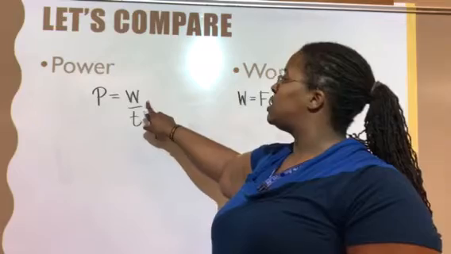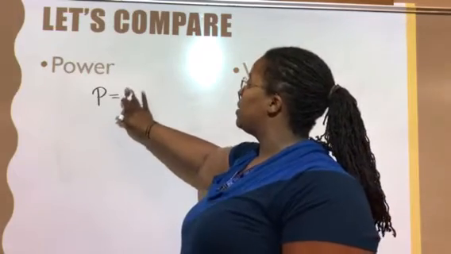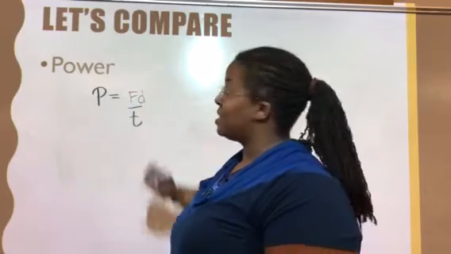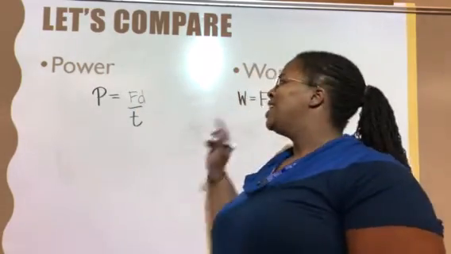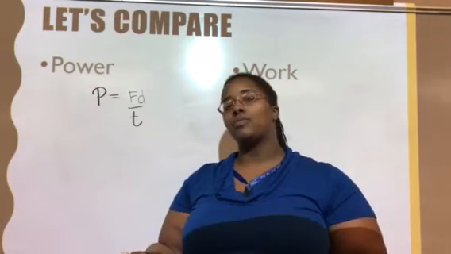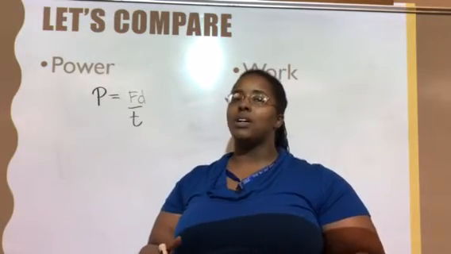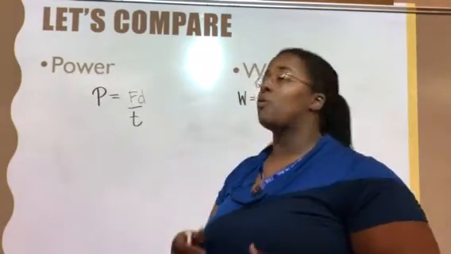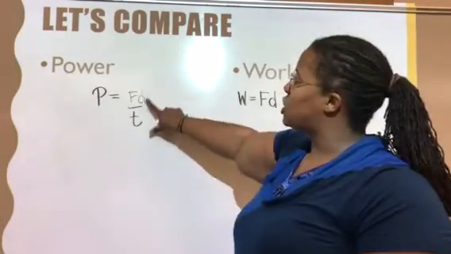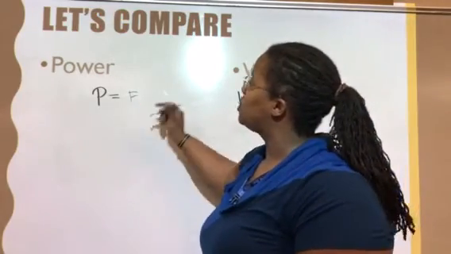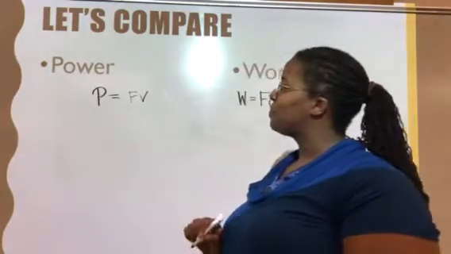I can replace the W here with force times distance. That looks a little familiar. If you go back to the first semester, we had an equation that gave us distance over time and even displacements over time. So distance over time is another way for you to also use velocity.